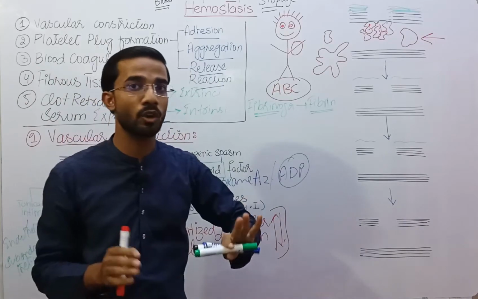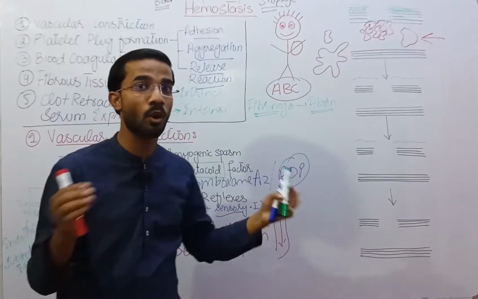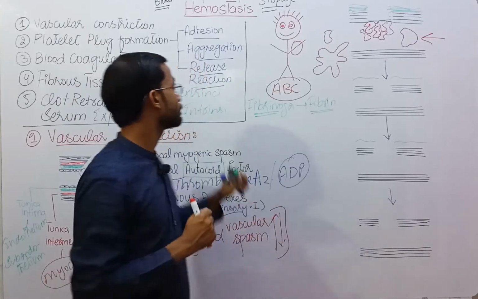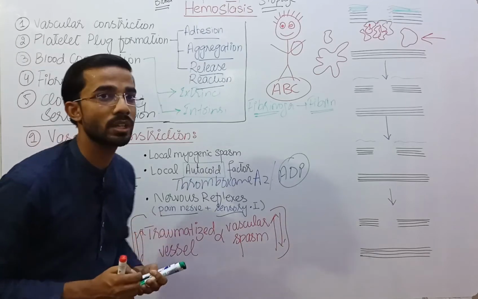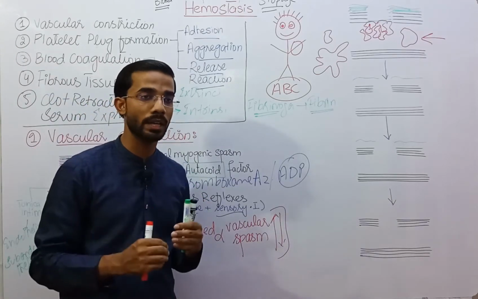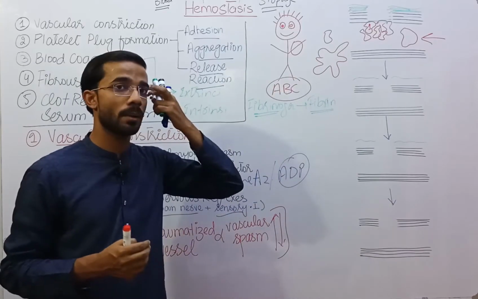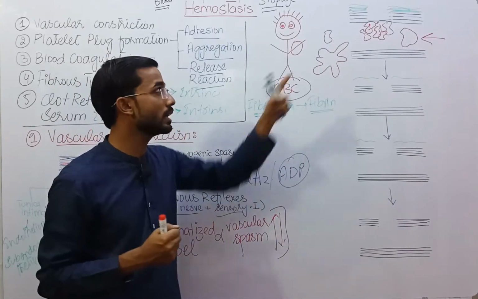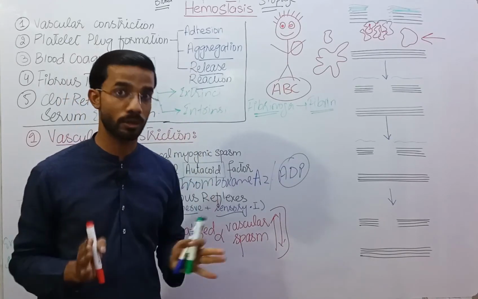Adhesion means attachment of the platelet to the endothelium, and aggregation means attachment of the platelets to themselves. After that, a release reaction occurs in which the calcium ion concentration is high, which further strengthens the plug formation, which we will discuss in the next video in more detail.